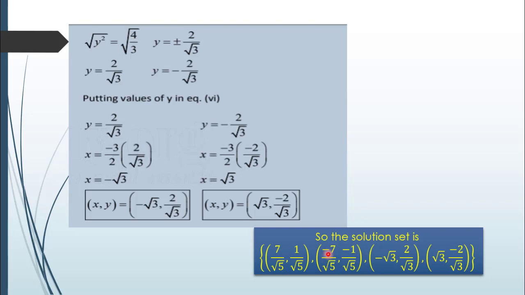When x is equal to minus 7 over square root of 5, y is equal to minus 1 over square root of 5. When x is equal to minus square root of 3, y is equal to 2 over square root of 3. When x is equal to square root of 3, y is equal to minus 2 over square root of 3.